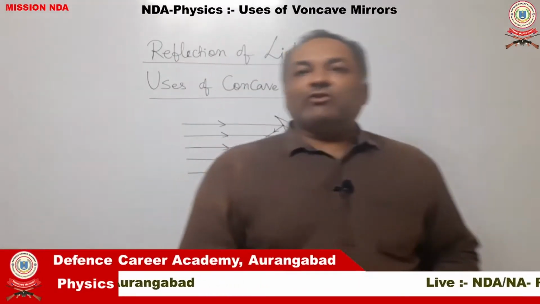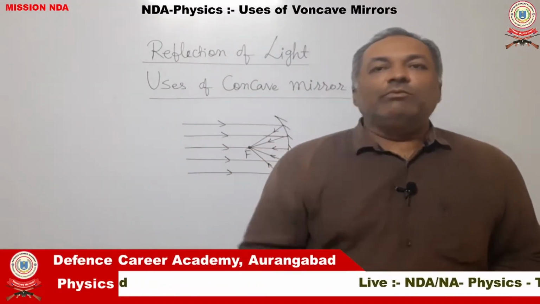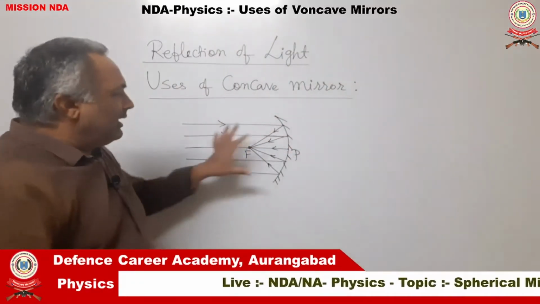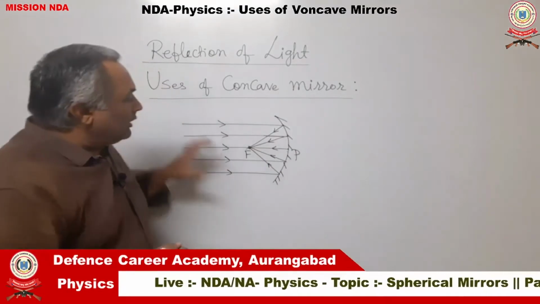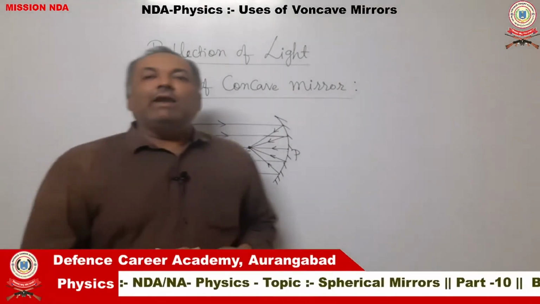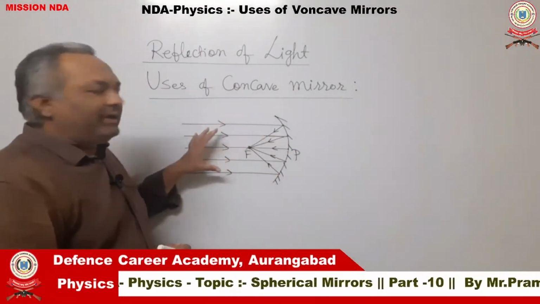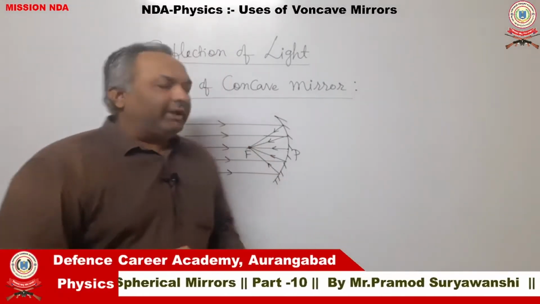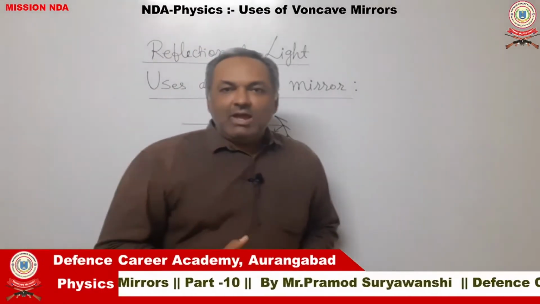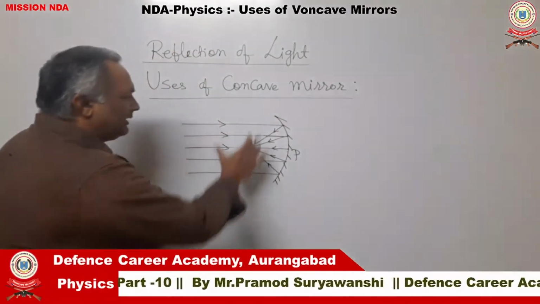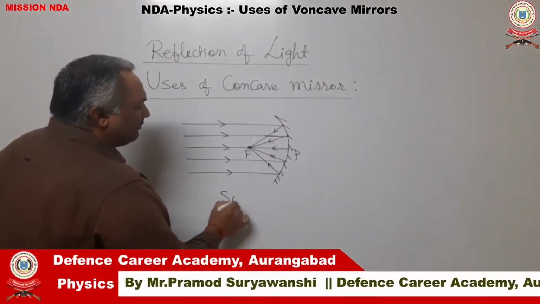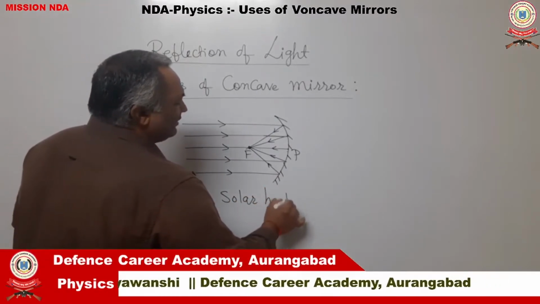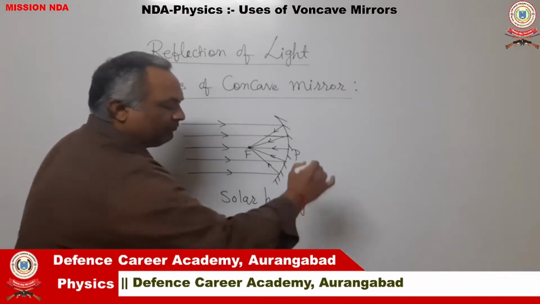So if we actually keep a small object exactly at the focus of this concave mirror in this setup, then all of the heat energy that the rays of sunlight are carrying with themselves will get concentrated at the focus, and that is the fundamental principle and the common arrangement behind a general application called solar heating.